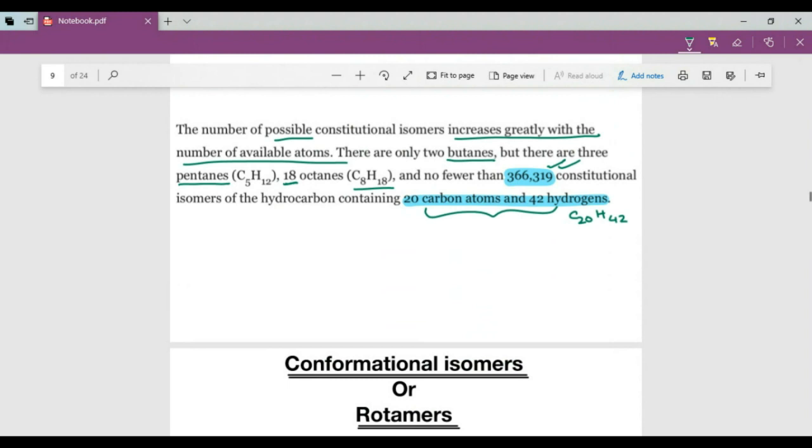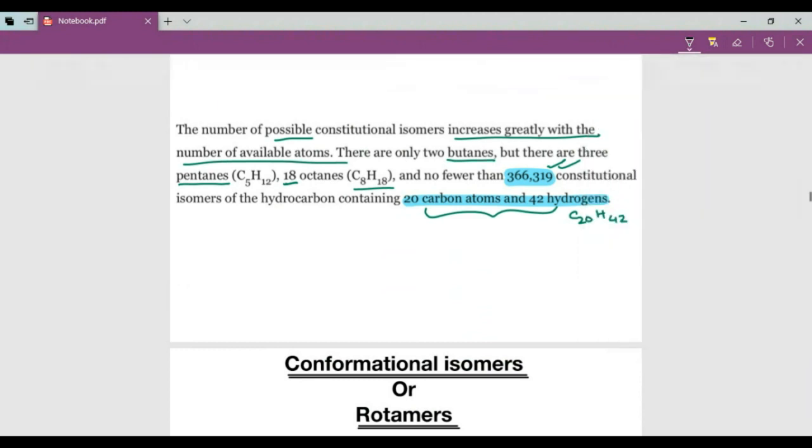And this is why organic chemistry is so vast and beautiful. Just with a mere combination of 20 carbons and 42 hydrogens, we are not taking any heteroatom, then also we have 3,66,319 structural isomers, not even stereoisomers. That is why it is so vast. So the more the number of carbons, the more will be the number of isomers.